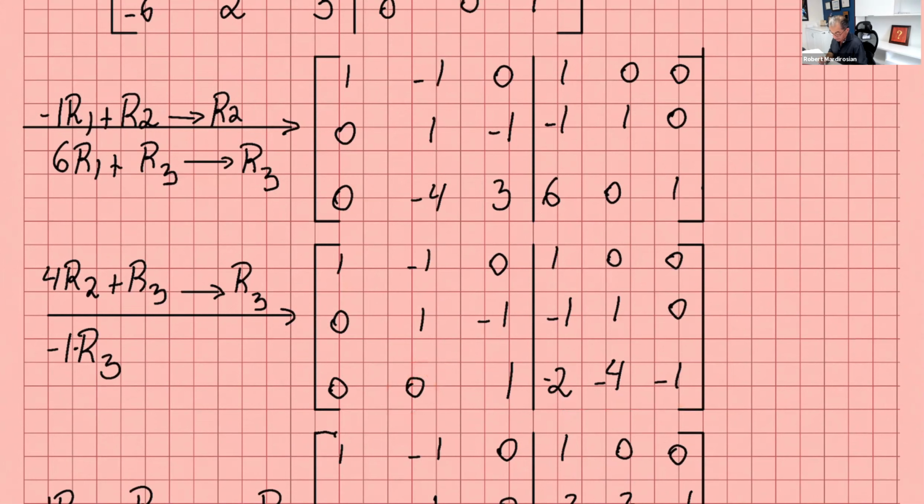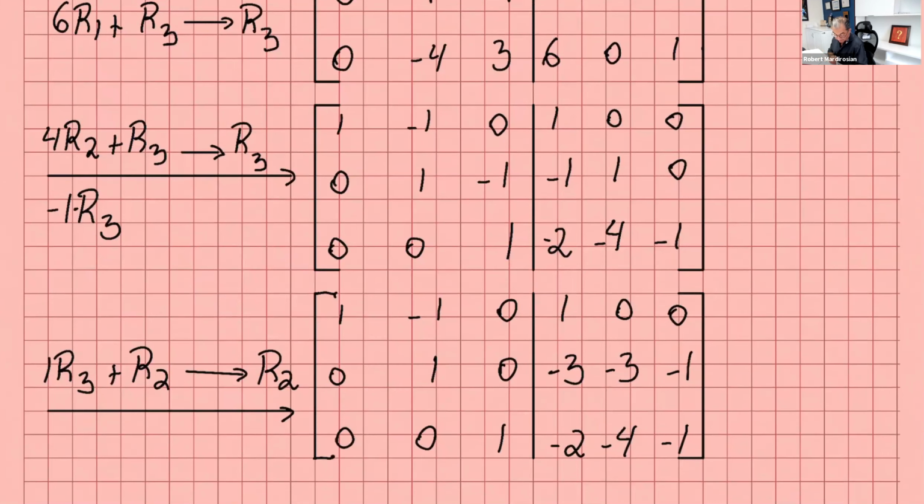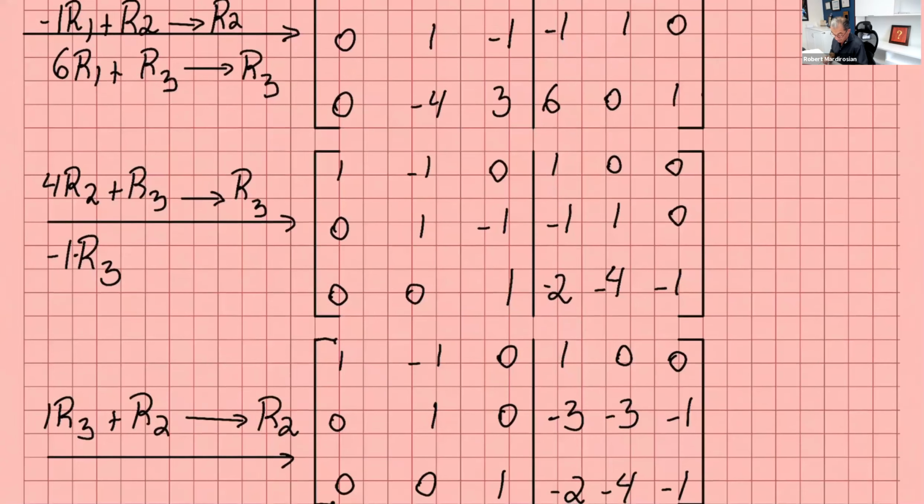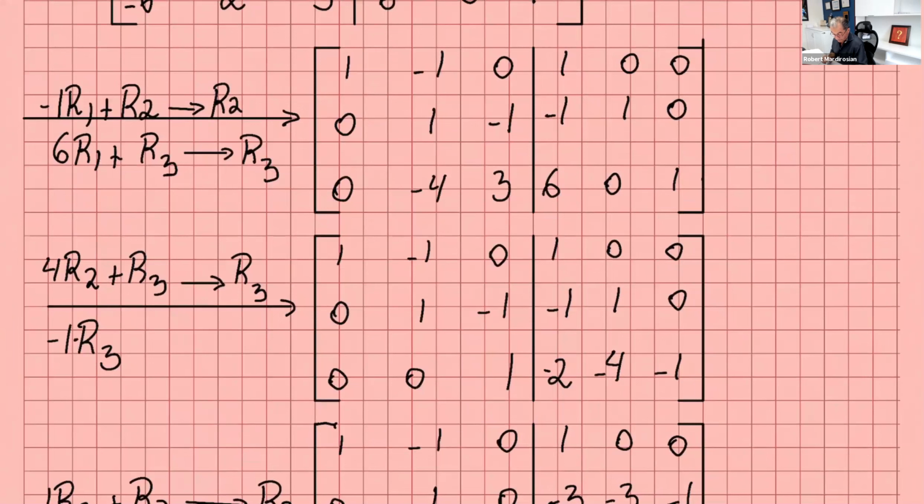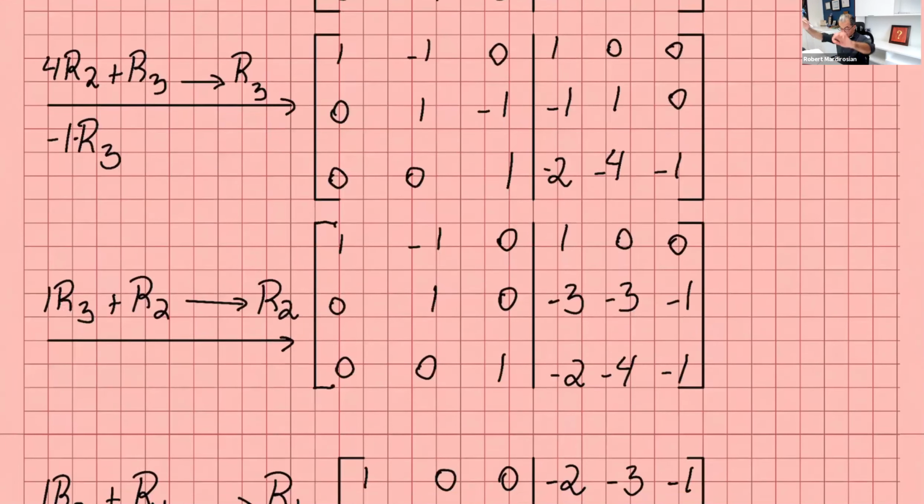You notice the entries are changing here, and you can add -1 times R3. So if you do that, I did this fast, but that's what you get. It's just simple, the 3 row operations you perform until you get the identity matrix.